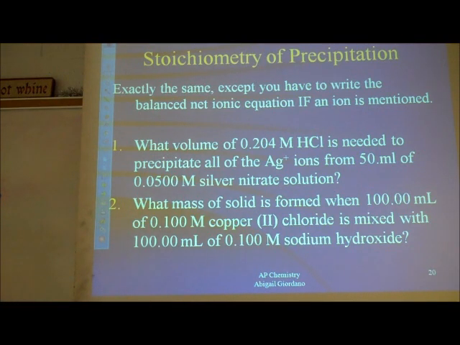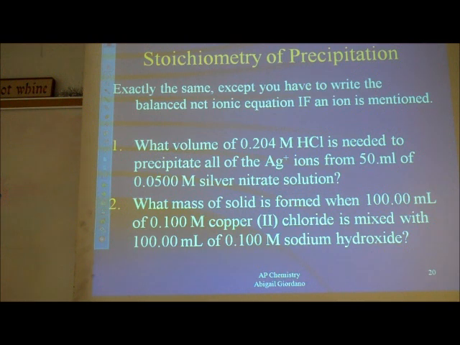And this is taken from an old AP exam, and the wording is a little bit tricky. So I'm going to talk through this one with you. It says, what volume of hydrochloric acid is needed to precipitate all of the silver ions from a certain amount of silver nitrate?